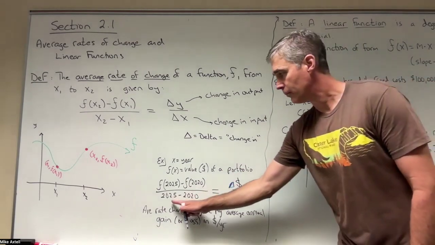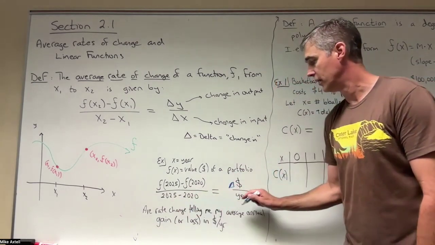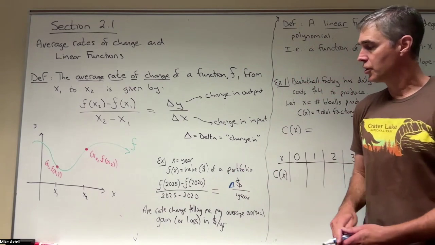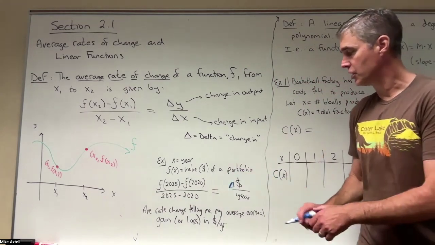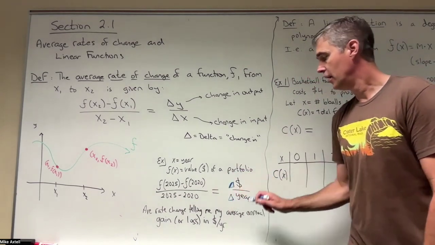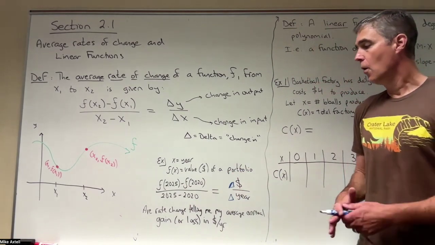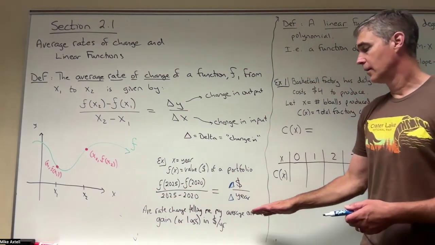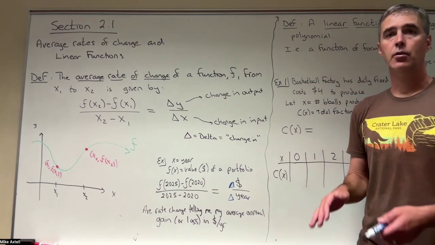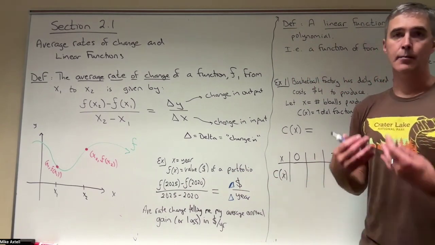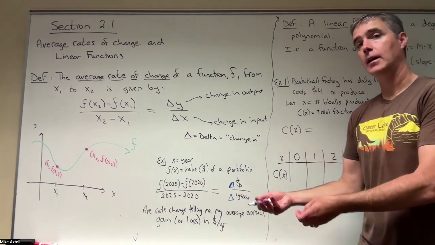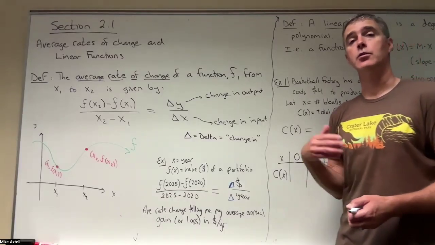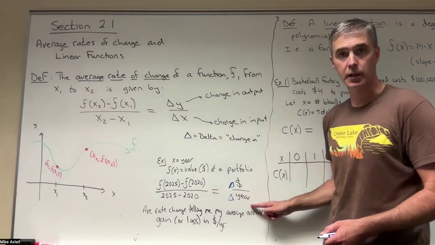And then I'm going to divide it by the change in the inputs, and that would come out to be 5 years. So what this fraction would be telling me is the change in dollars divided by the change in years. Or in other words, it's going to be telling me the average annual rate of change in my portfolio. Maybe it's gain or maybe it's loss, and it's going to be in terms of dollars per year.